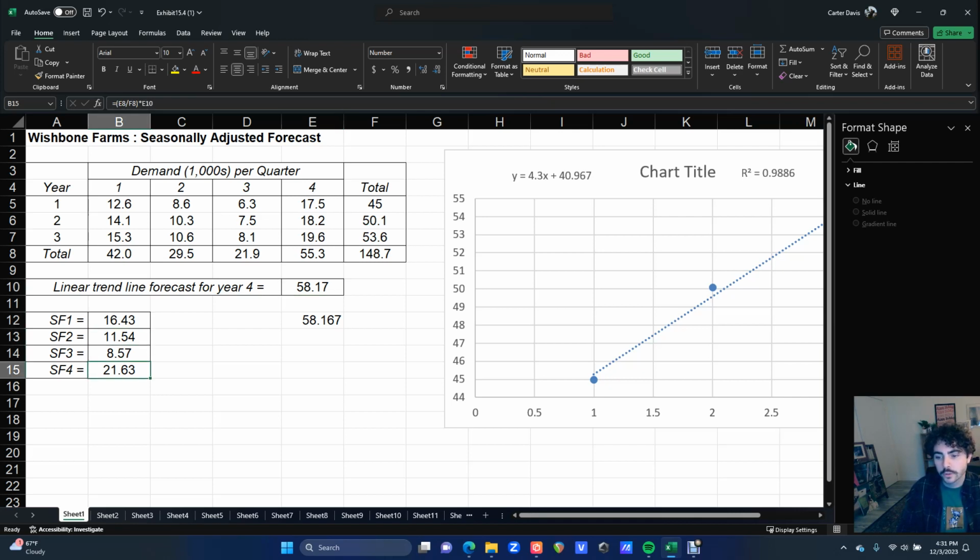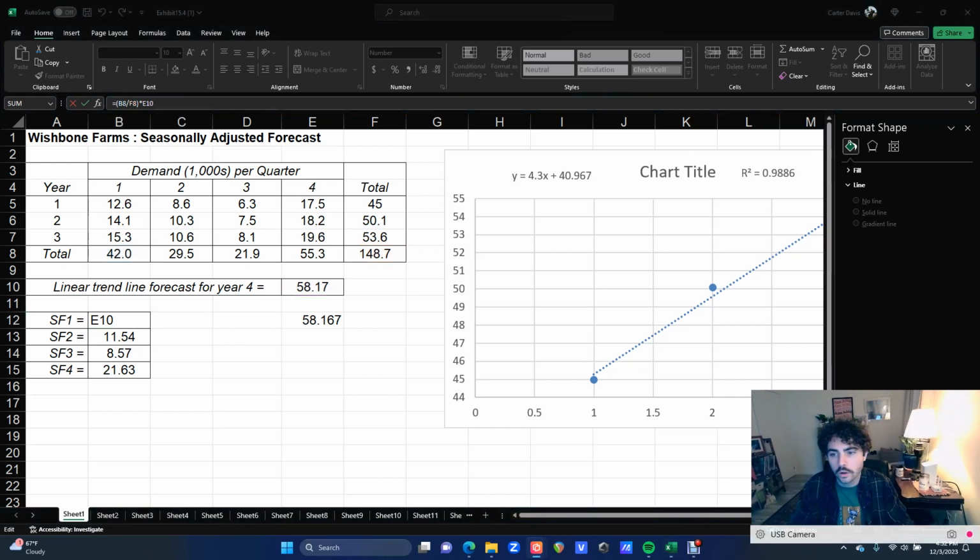SF1, SF2, SF3, SF4. All of these are regarding the different quarters in the different years, and I'm pretty sure they just show what they're doing here. It's like finding a percentage. In year 4, if the predicted total demand is 58.17, then that 58 has to be split up amongst the different quarters. It can't all be demanded in quarter 1.